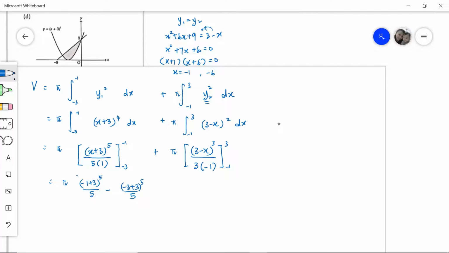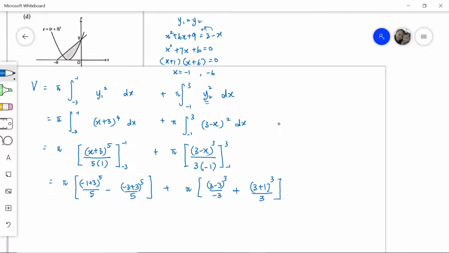And then for the second term, we will have 3 minus 3 over -3, cube the numerator, minus 3 minus -1, so 3 plus 1, cubed over -3, so we plus here.